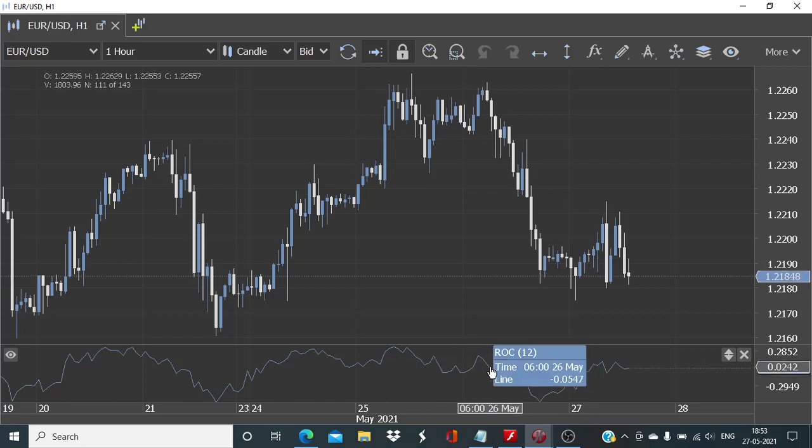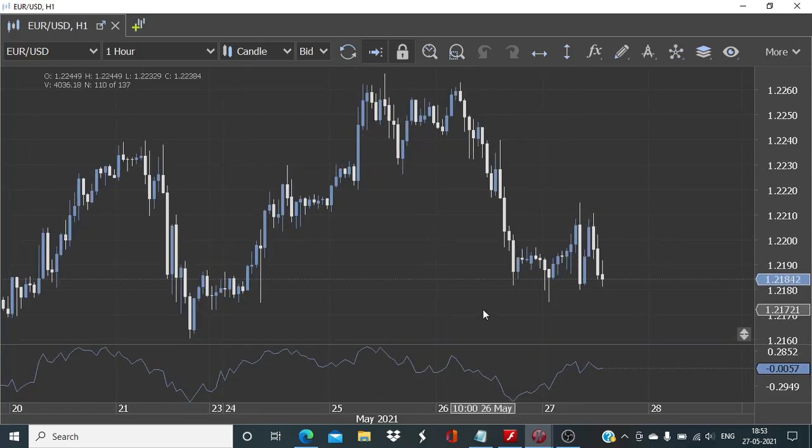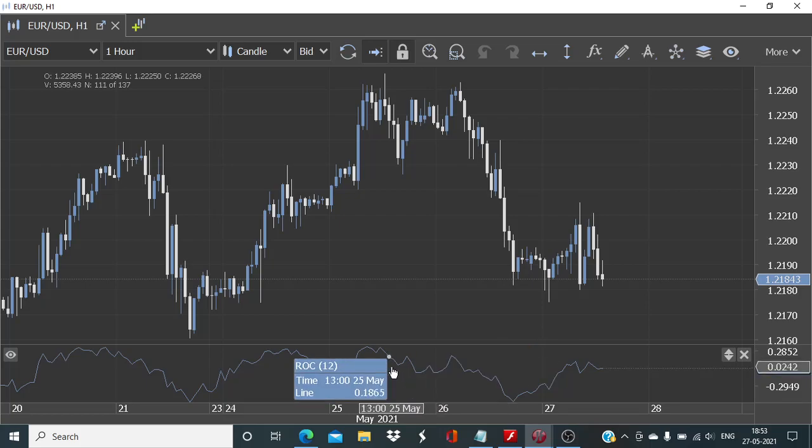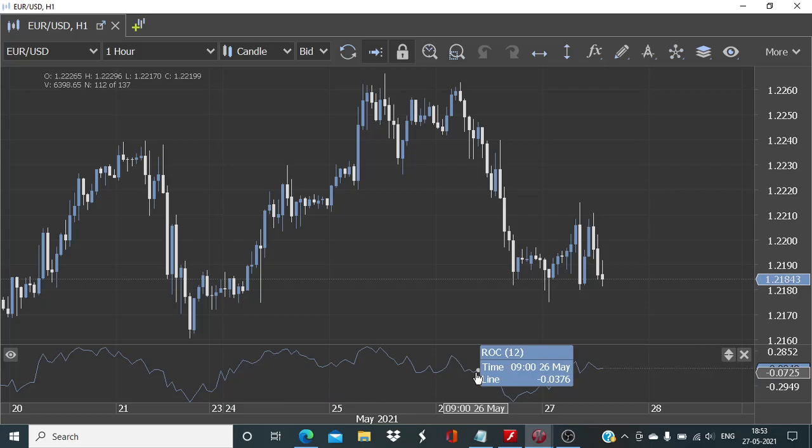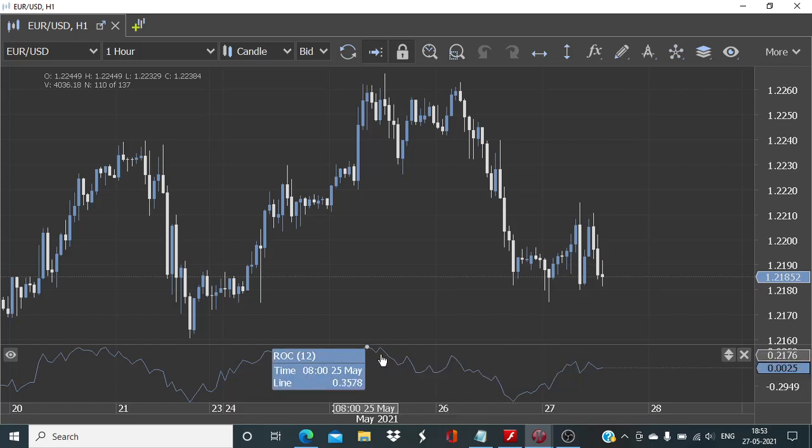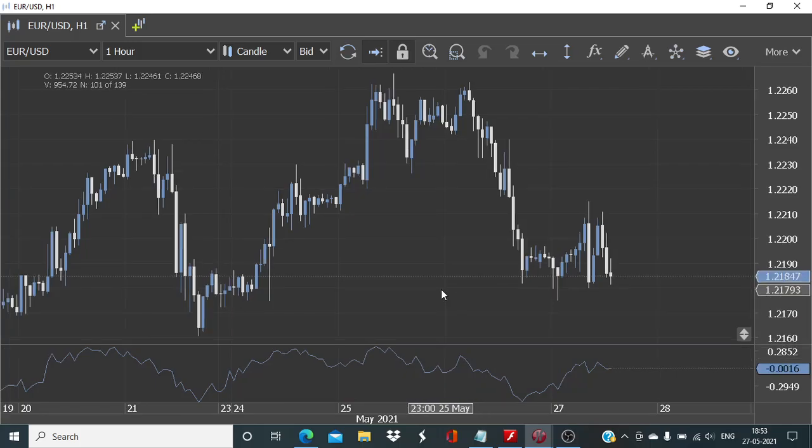In this case, we are taking the 12 hours time horizon, and if we compare the current price to the price 12 hours back, and if we see that the price is lower, then we will have the ROC lower, and this output is expressed in terms of percentage points. So if we see that the ROC output is negative 0.12, that simply means it is lower by 0.12 percentage points compared to the price 12 hours back, and that's how this works.